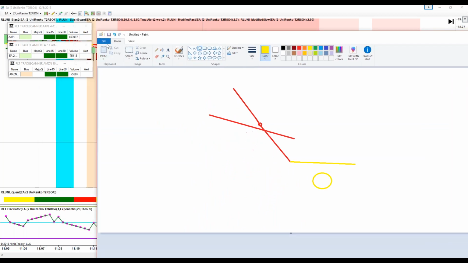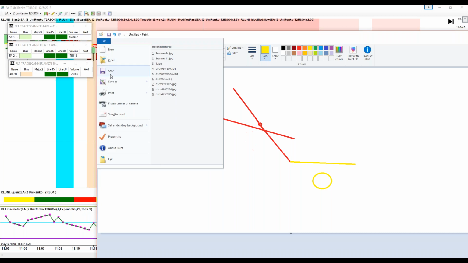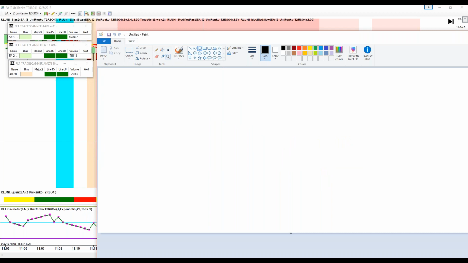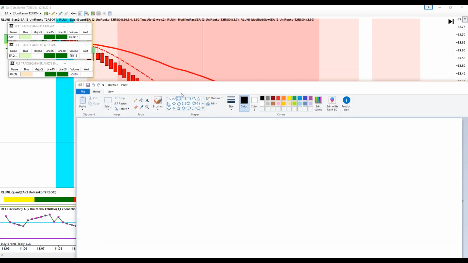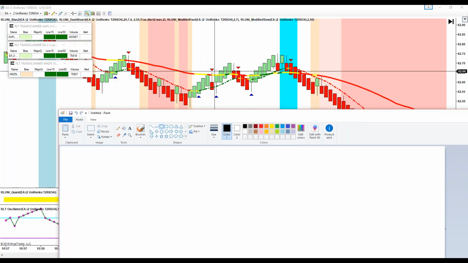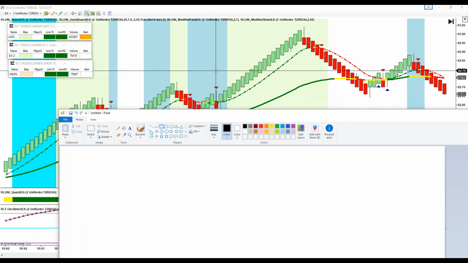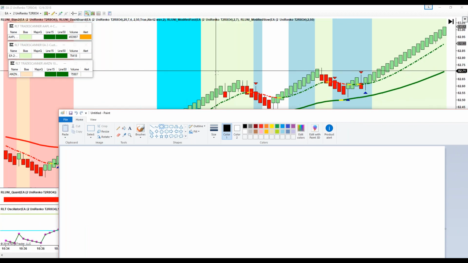Now, I'm just going to show you the reverse for an uptrend. On the uptrend, you have three up colors, and they really correspond exactly to the down colors. And there are the three.